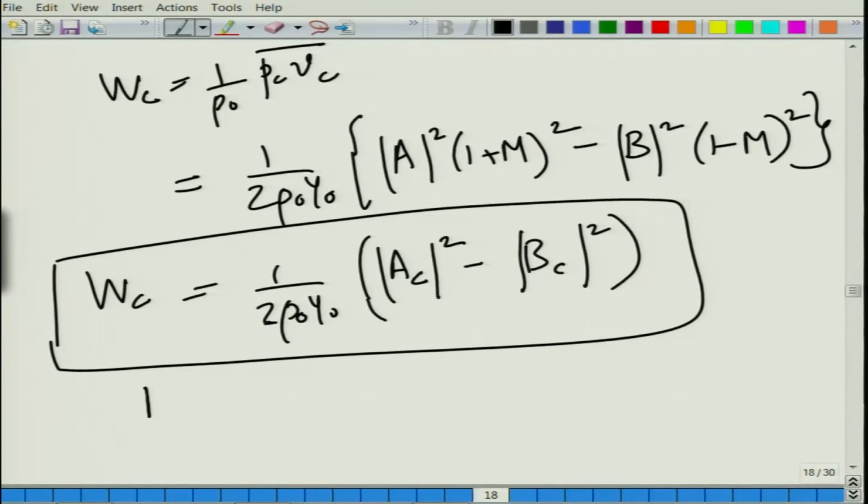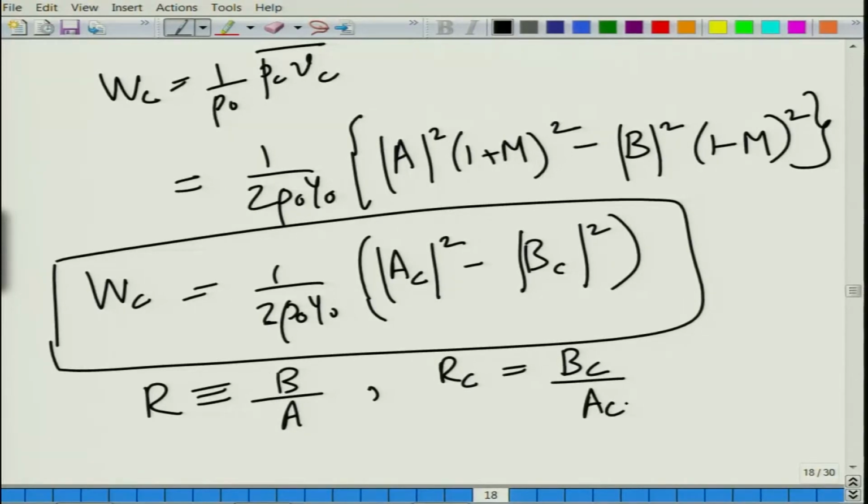As usual, reflection coefficients were defined in week 3 or 4 as B by A, and now for the convective reflection coefficients, it is natural to see that they are defined as BC by AC, is not it.